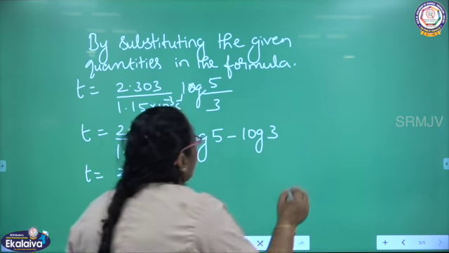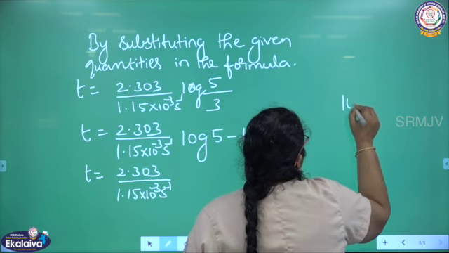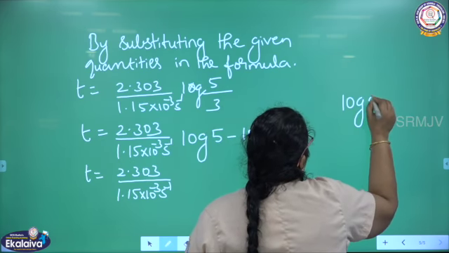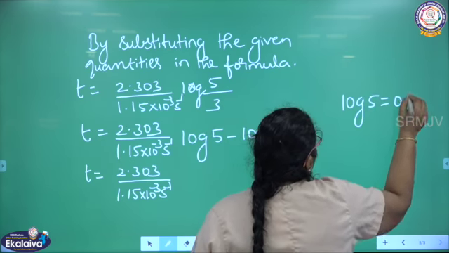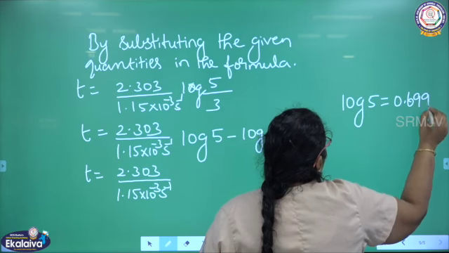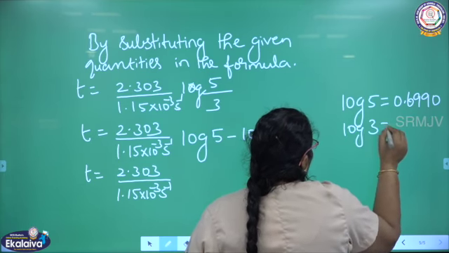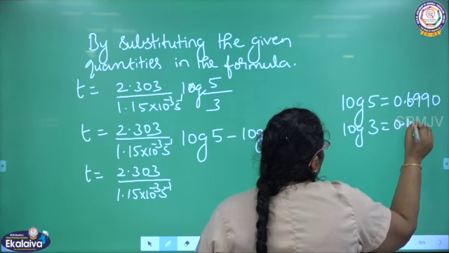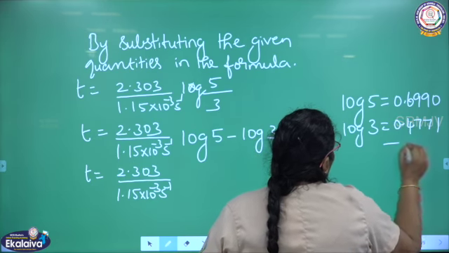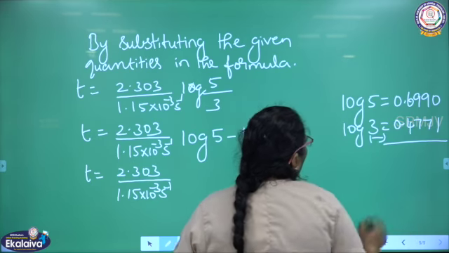So, let us find out the value for log 5. Log 5 is equal to 0.6990. For log 3, the value is 0.4771. So, let us subtract these two quantities.